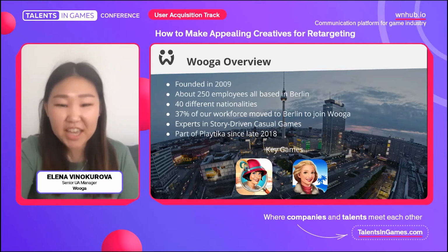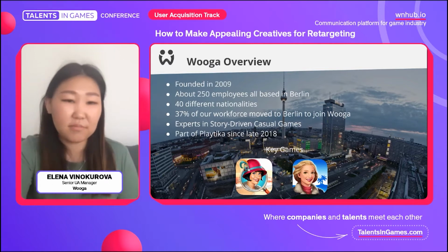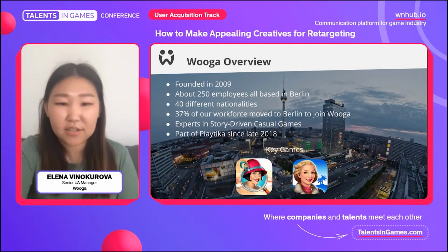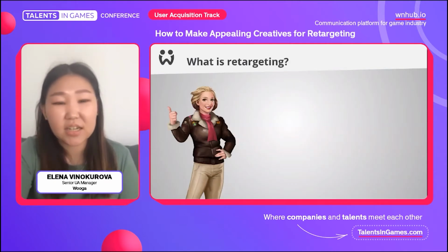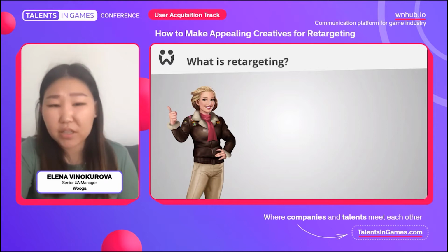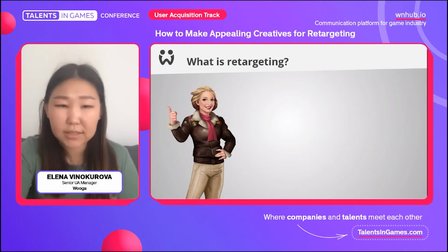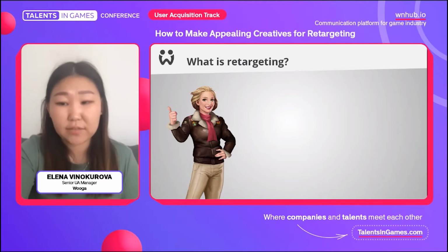So today I will be covering the topic of creatives for retargeting. First of all, let's start with what is retargeting. We use retargeting as an umbrella term for all activities we do. It's re-engagement activities, reacquisition activities, and reactivation activities.